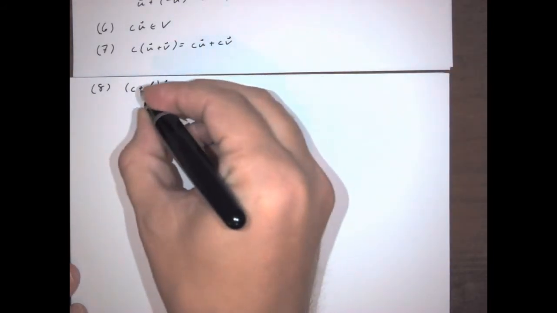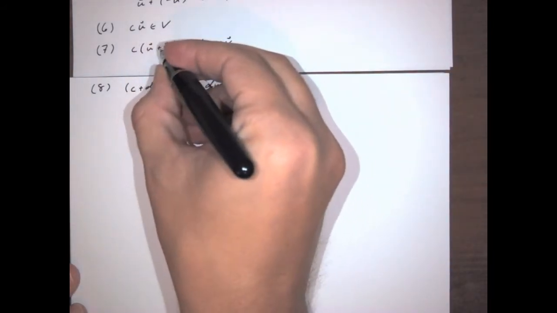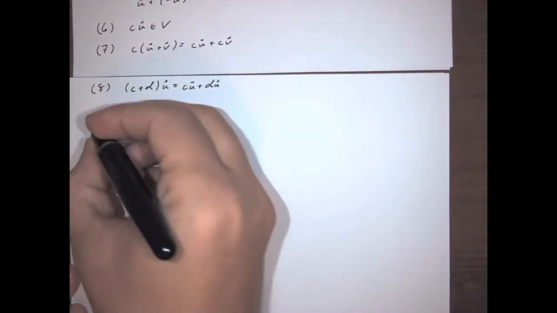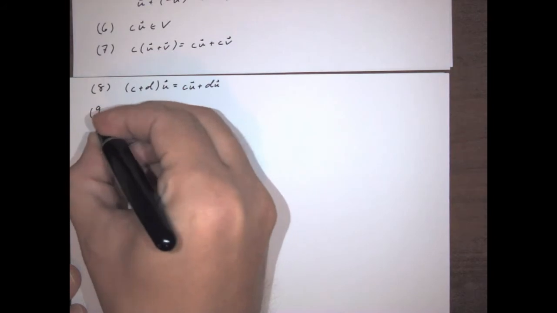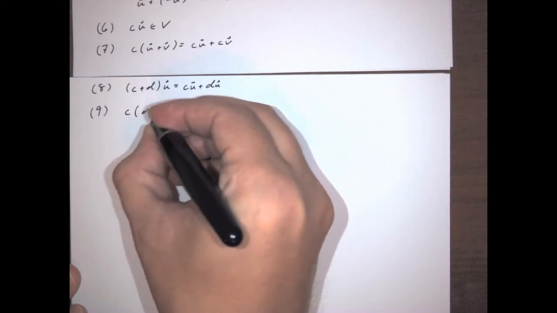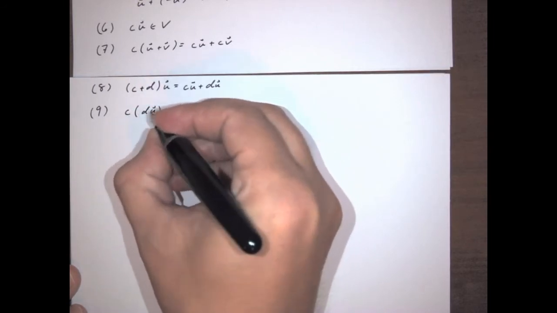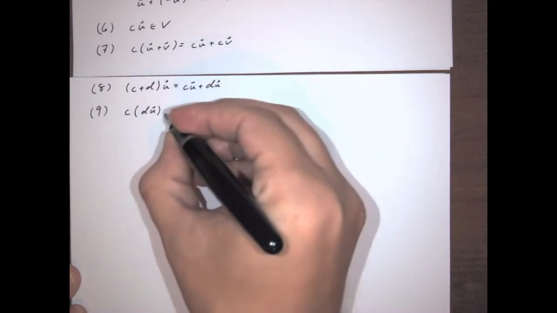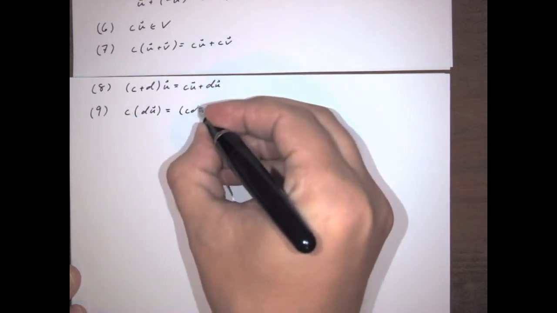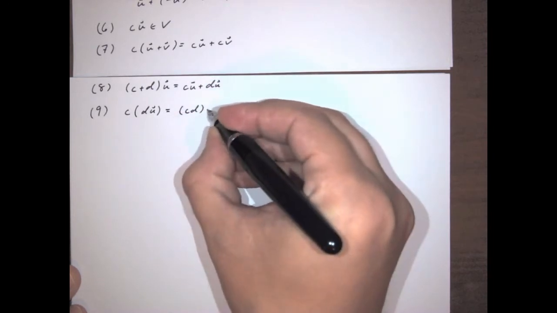So the scalar multiplication, we can distribute it either over the addition of vectors, or we can add the scalars and multiply by that. Also, scalar multiplication has to be associative, so that means if I did a scalar multiple du and I multiplied the result by c, that has to be the same thing as if I had just multiplied together the two scalars and applied that to u.